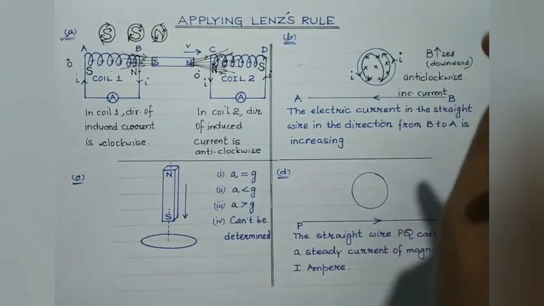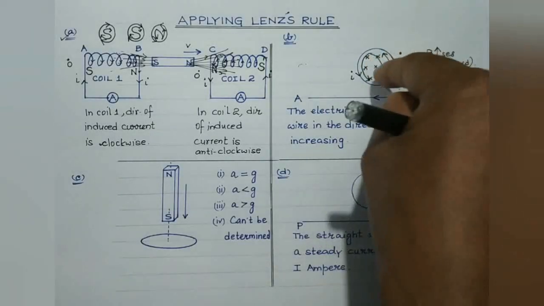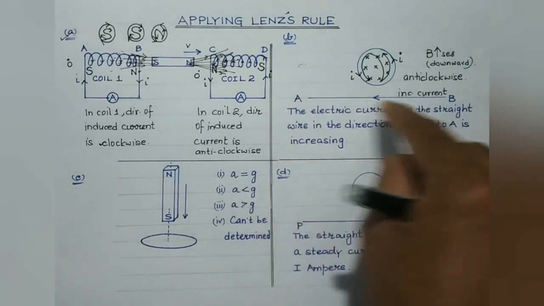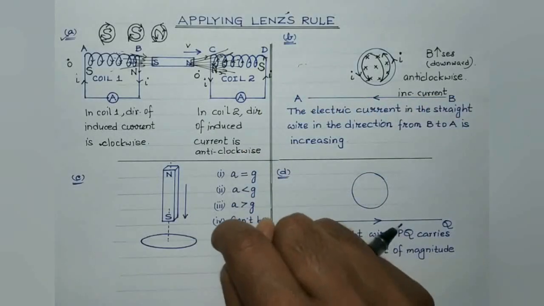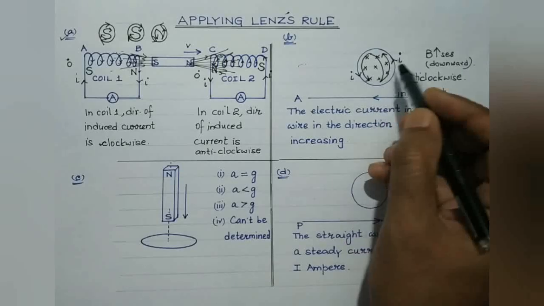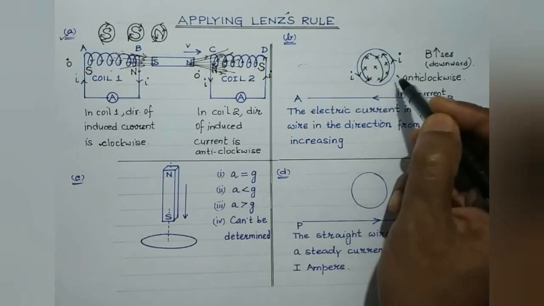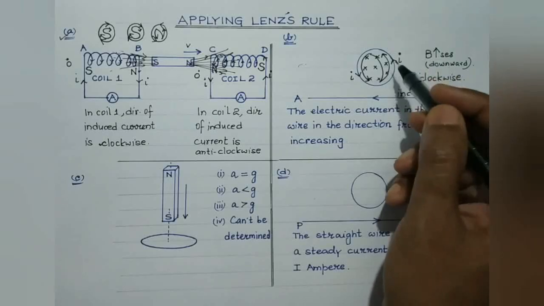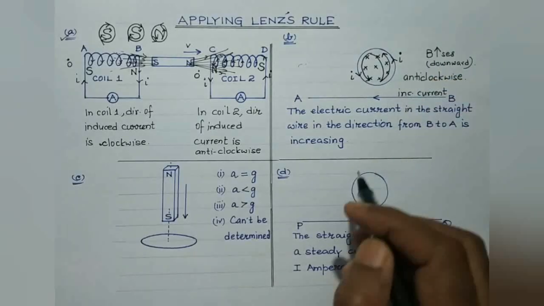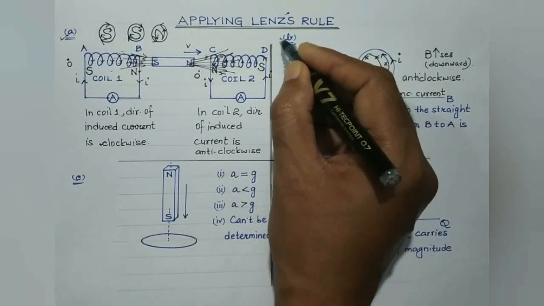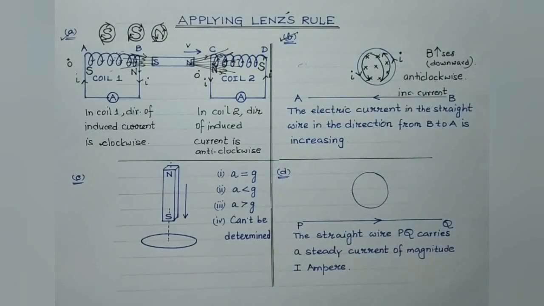So it will oppose the increasing inward magnetic field due to this straight current carrying conductor, right? It is only when the induced current is in the anti-clockwise direction that it can oppose the cause that produces it. So we are over with question number B as well.